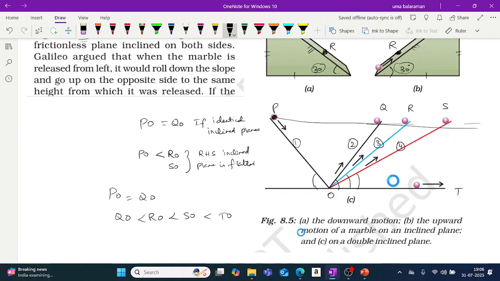So if you make the right side inclined plane flat, that means it should move forever. Why? Because it is never reaching that height. The height is the problem. It wants to reach that height. It is unable to reach the height, so it will roll forever.